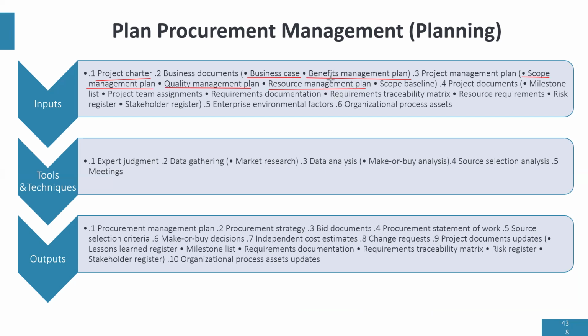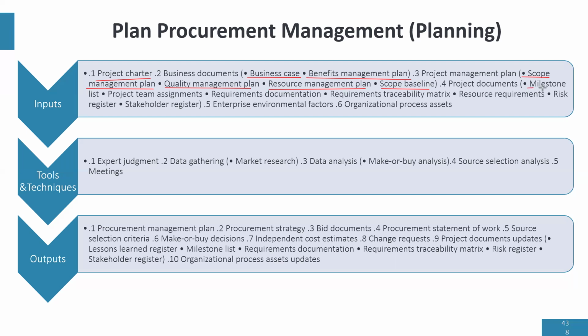Some of the resources you're going to acquire are material, so that can lead us to procurement. And the scope baseline shows us the overall scope of the project, the work breakdown structure, the WBS, the scope statement, everything you need to know about the scope is in the scope baseline, right? Then the milestone list.